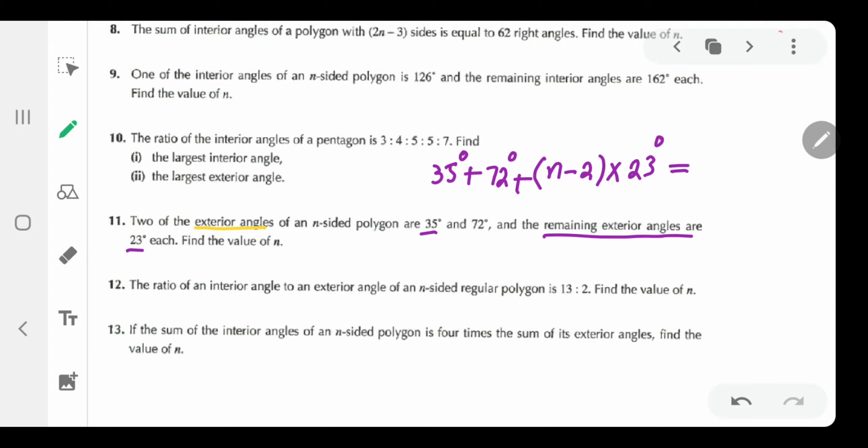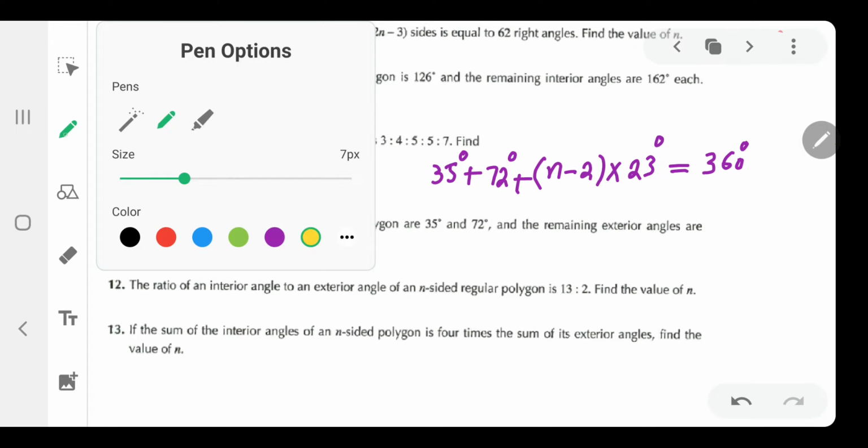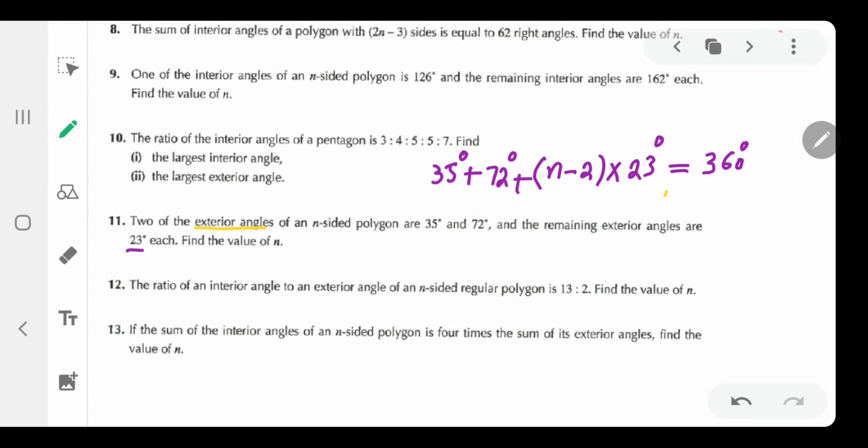And because the sum of exterior angles of a polygon is equal to 360 degrees, by performing simple mathematical calculations, we can find out the value of n using this equation. We can find out the number of sides of this polygon, right?